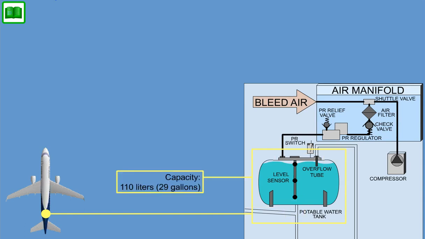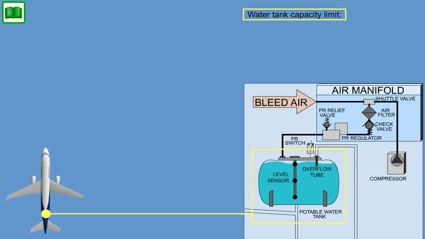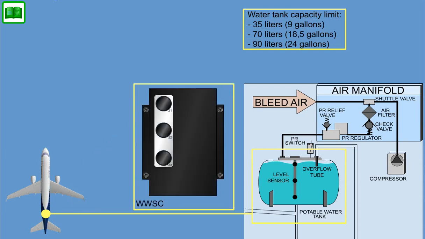The tank has an air cushion volume of 10 liters that provides proper dampening of tank pressure variations of the bleed air pressure. An overflow tube set at 101% of tank level is provided to limit tank volume in case of malfunctioning of the control loop and as a protection against overfilling. The water tank capacity limit can be configured to 35, 70, or 90 liters by changing the water and waste system controller pin programming.